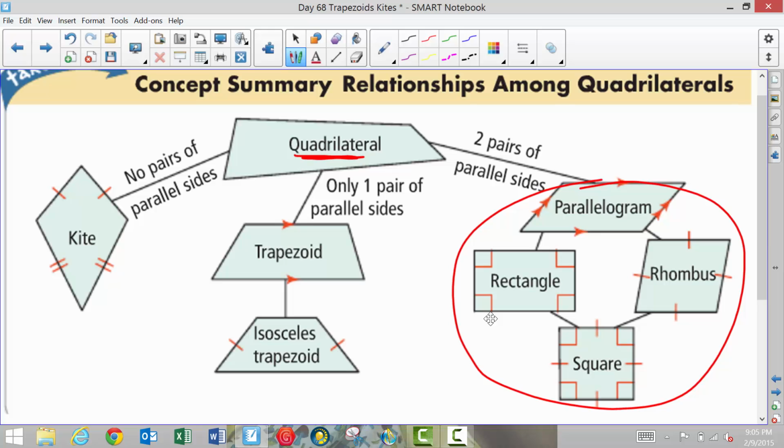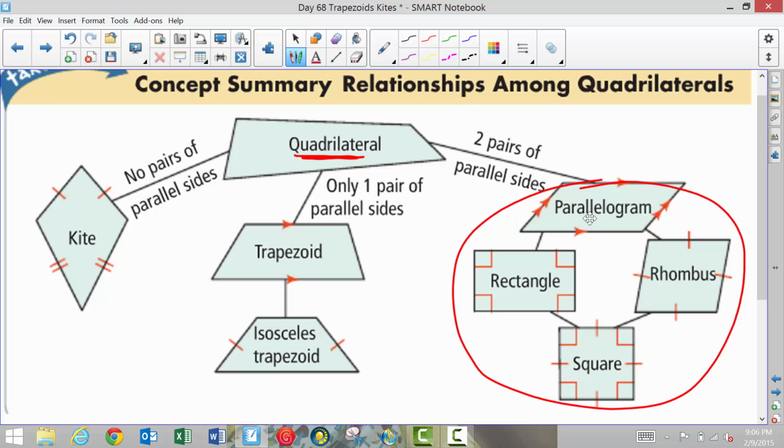So you should be familiar with parallelograms and their properties, rectangles and their properties, rhombuses and their properties, and squares and their properties. So this little flowchart tells you that a square is a rectangle, a rhombus, a parallelogram, and a quadrilateral. A rectangle is a parallelogram and a quadrilateral. A rhombus is a parallelogram and quadrilateral.